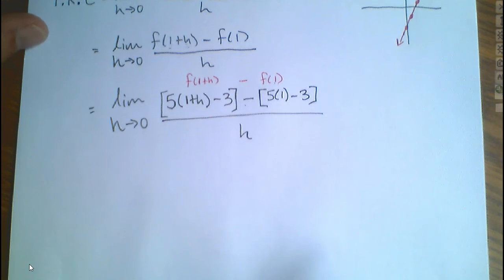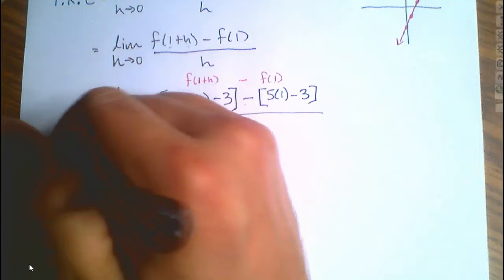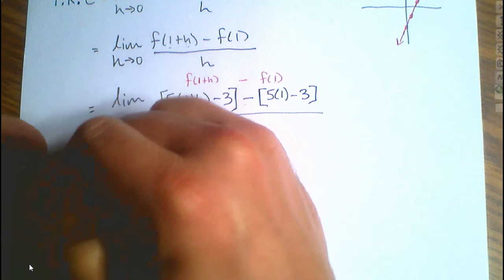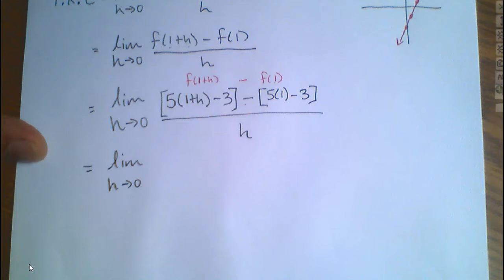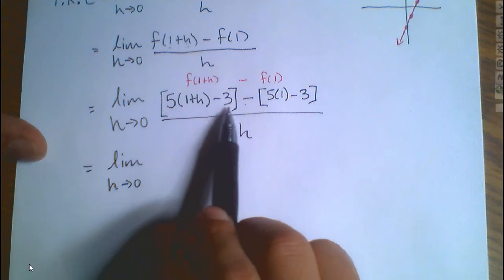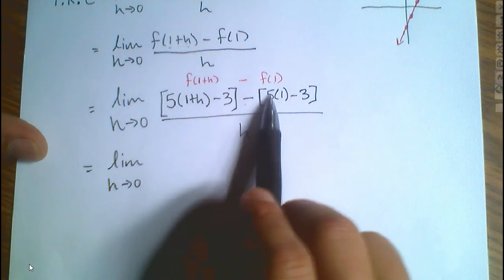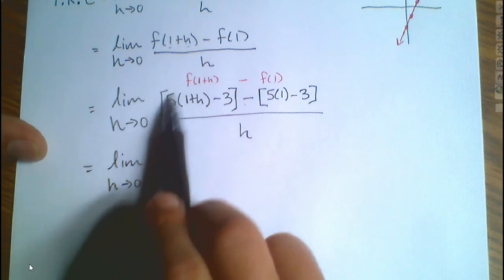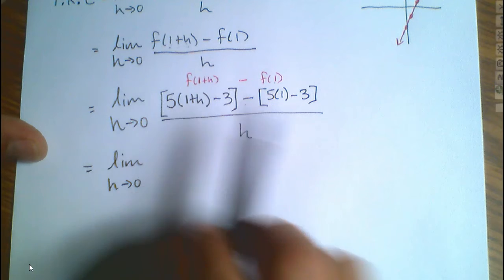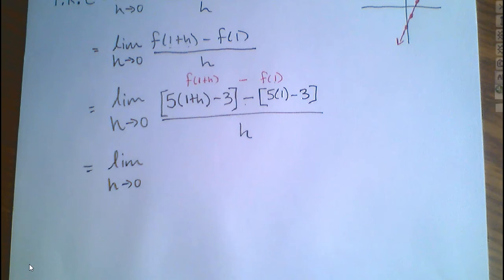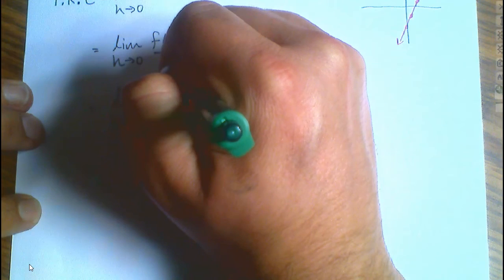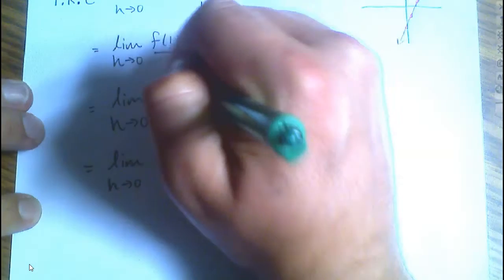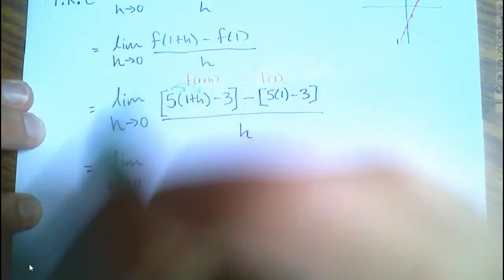Now all we need to do is simplify this joker. Limit h goes to 0. Right, so we're going to just expand this out and then calculate what this number is right here. So we have 5 times 1 and then 5 times h. You're going to distribute that.